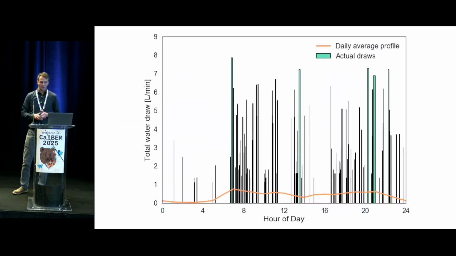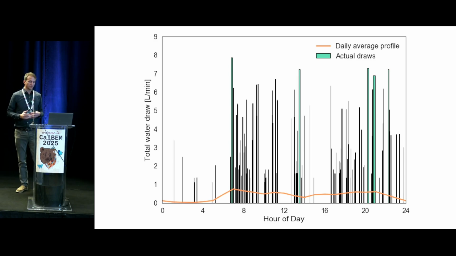One other important characteristic of the way we are modeling these systems in the compliance software is that we use a much finer grain resolution than most of our whole building energy model simulation tools are used to. Usually we use hourly, but if you look at actual draws versus the hourly averages, you get a very different story.